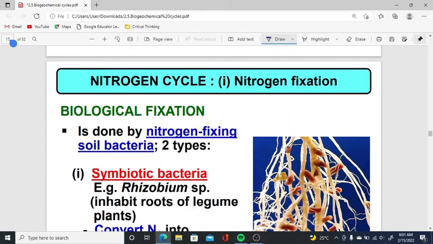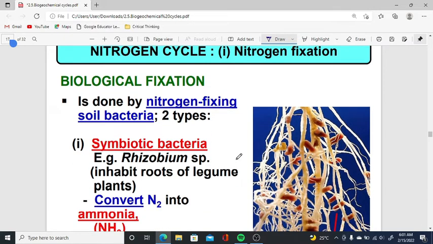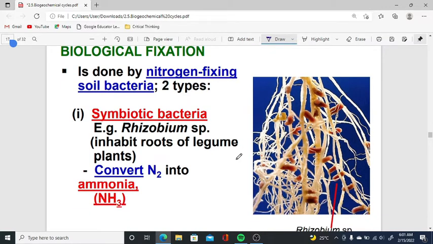Okay, yang ketiga kita ada biological fixation. So it's done by nitrogen fixing soil bacteria. So there are 2 types of bacteria. First is symbiotic bacteria. So macam awak tahulah, kalau symbiotic bermaksud both organism akan dapat benefit. So ini adalah relationship antara bakteria dan juga root of legume plant, tumbuhan kekacang lah.